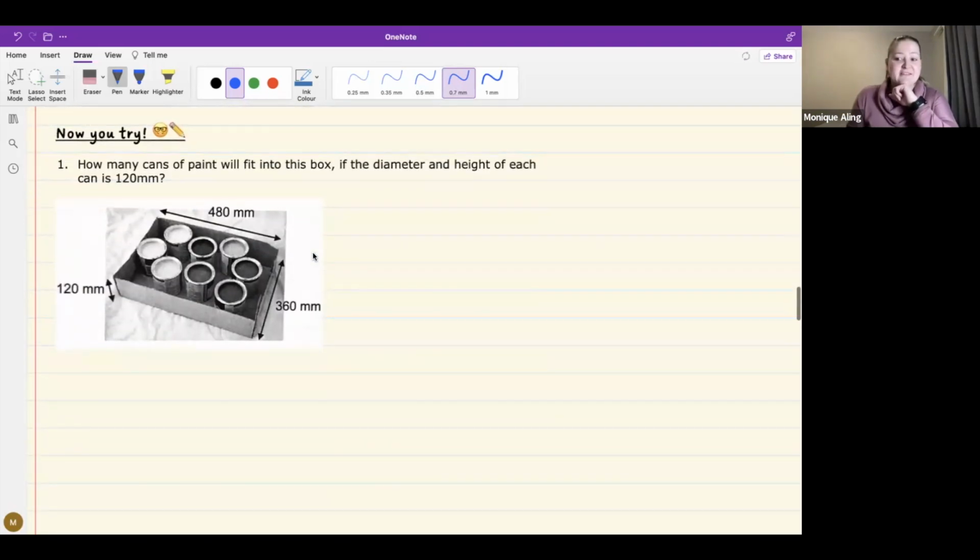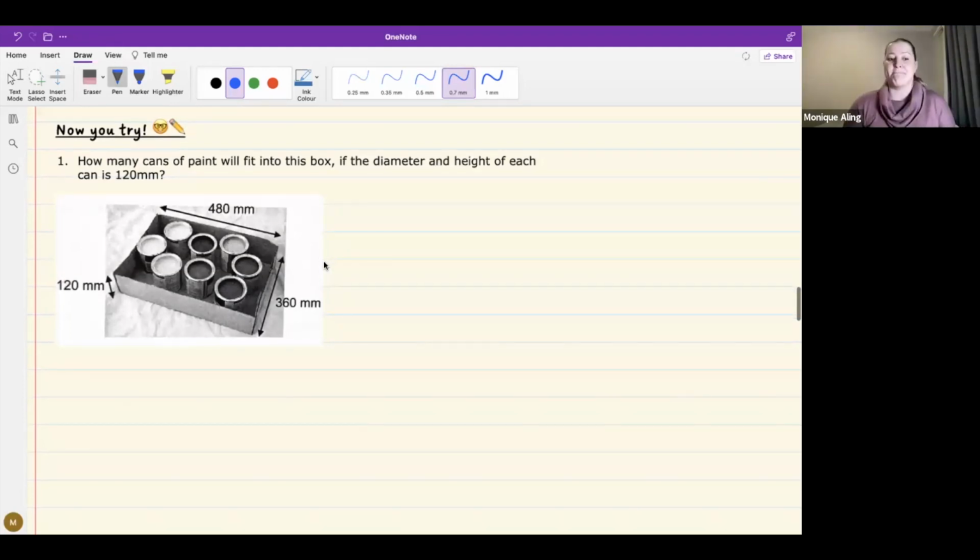Can you see similar shapes again? Cylindrical cans in rectangular boxes. So I'm going to ask you guys to quickly try question 1 for me. It would be nice if one of you could explain to me how you do this as well. It would be nice to hear from you guys.